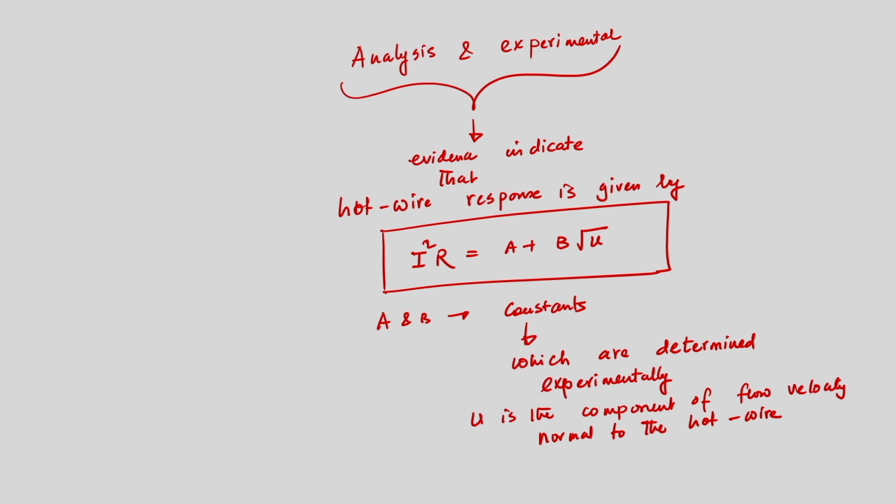Now, u is the component of flow velocity which is normal to the hot wire. It is very important to mention here that it is not always the case that flow will be normal to the hot wire. There might be a flow velocity component which is parallel to the wire. Now, heat transfer will be affected.